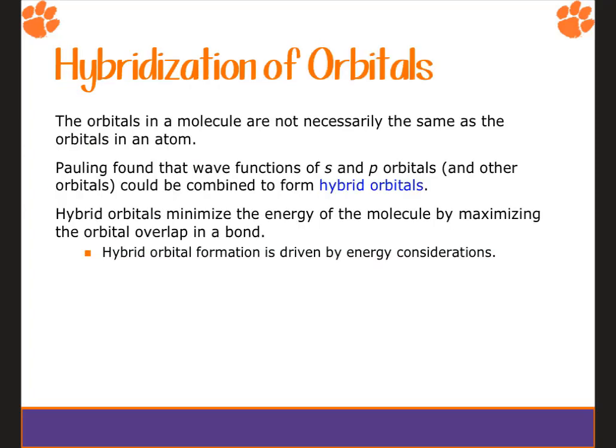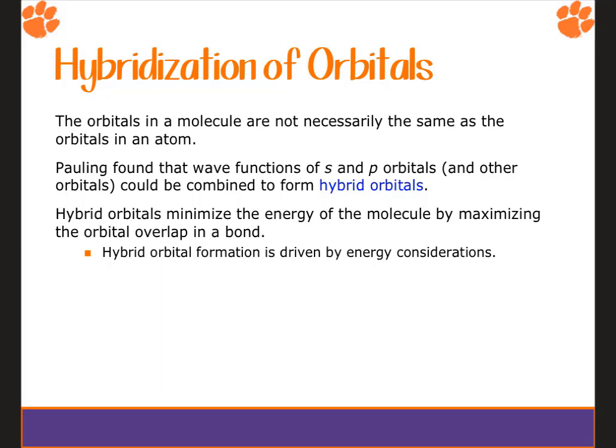So here we're going to introduce the concept of hybrid orbitals. This reconciles the fact that the orbitals in the molecule aren't quite the same as the orbitals that are in the atom. And this came from Linus Pauling back in the 1920s, and he found that the wave functions, those little trident-looking guys, those psi's, of the s and the p orbitals, as well as some others, can be combined to form these new hybrid orbitals.